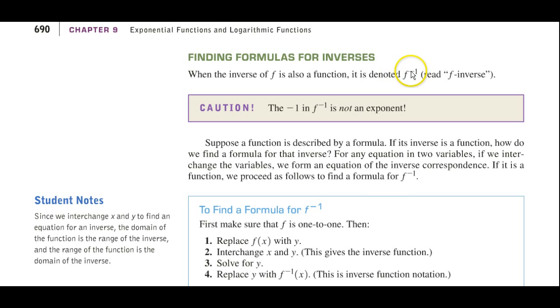This is not a negative exponent, even though it looks like it. This is a function symbol and is read f inverse. So here again, the -1 in f inverse is not an exponent. Okay? So let's go on.